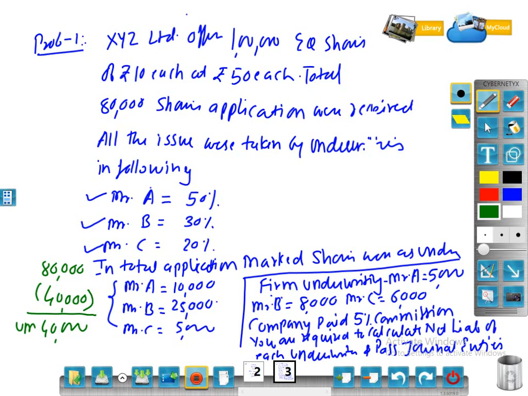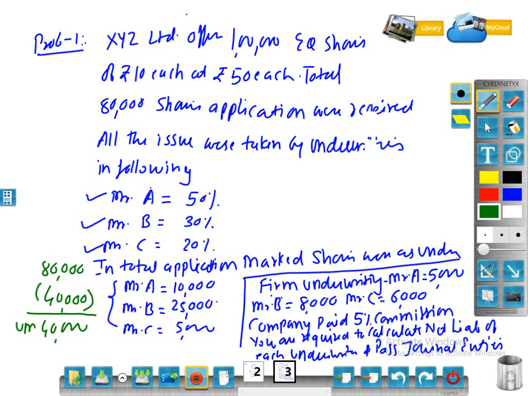Now what to do with the unmarked shares? The benefit of the unmarked shares is given to the underwriters only. That 40,000 we are also going to divide in the ratio of 5 to 3 to 2, and then we have to find out the net liability. There was also firm underwriting.